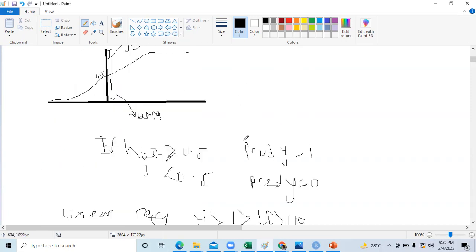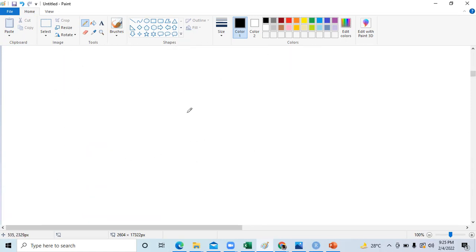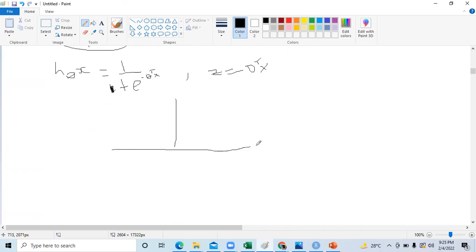So we can draw this again to show you what the sigmoid function looks like on a 2D graph. So it flattens out here, then meets this at 0 at 0.5, and then flattens out again.